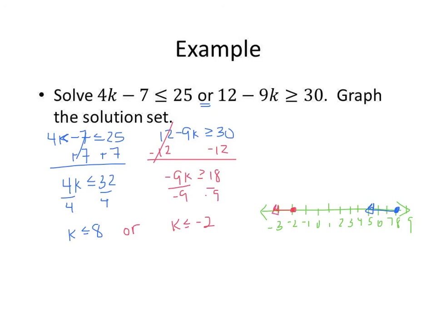Typically, ANDs go opposite ways. This time, they're both going the same way. So if you look at this, this blue arrow is going to keep coming this way and take over everything that the red arrow touches. So instead of saying both of these answers, we actually only have one answer, and that one answer is k is less than or equal to 8, because it encompasses all of the other, k is less than or equal to negative 2, so we don't need to write both. In this case, you only have that one answer.